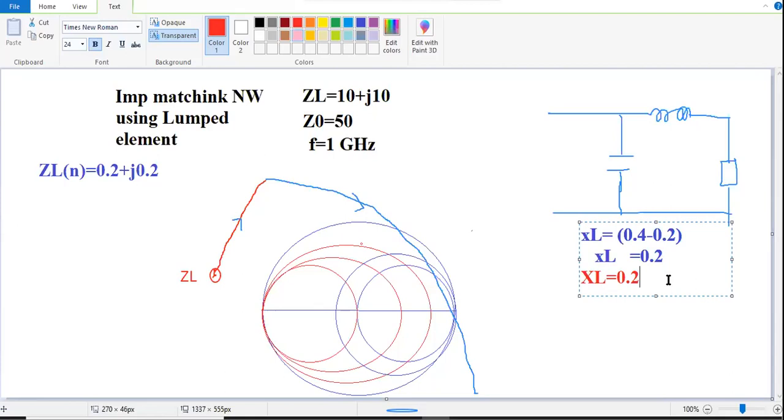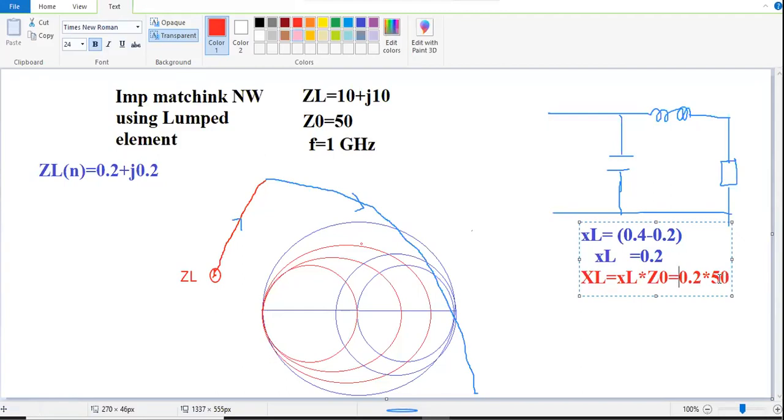So small xl into 50. Why 50? It is the Z0. So I'll write the formula here: capital XL equals small xl into Z0. So this is 0.2.